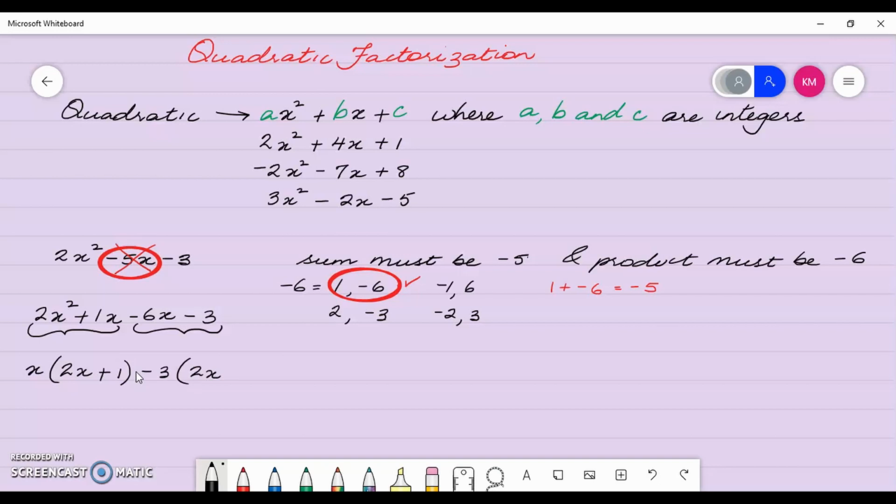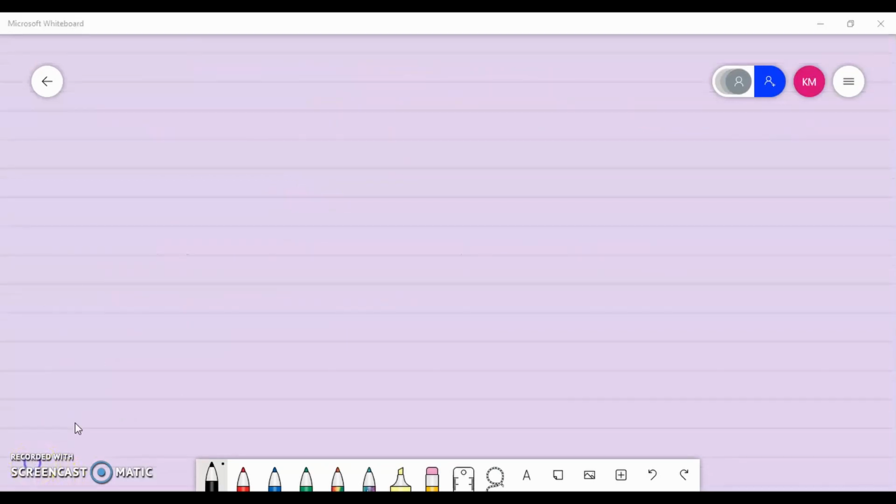Negative 3 by positive 1 gives me that negative 3. So here now, I can pull out that 2x plus 1 because that is common, and I put x take away 3 in that bracket there. And this is called factorization using your quadratic method.